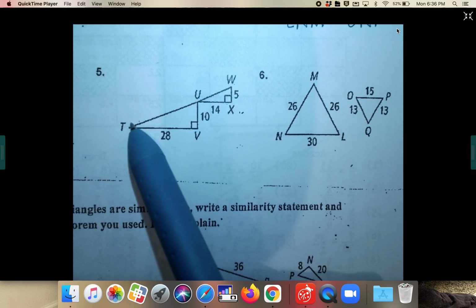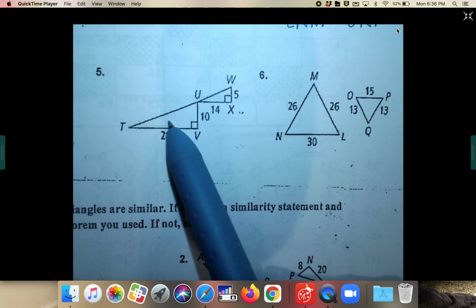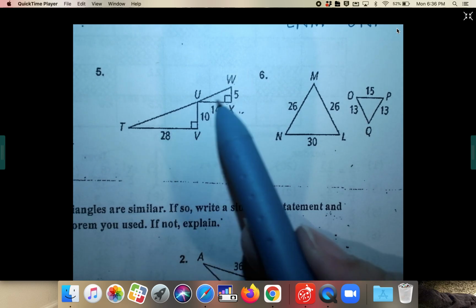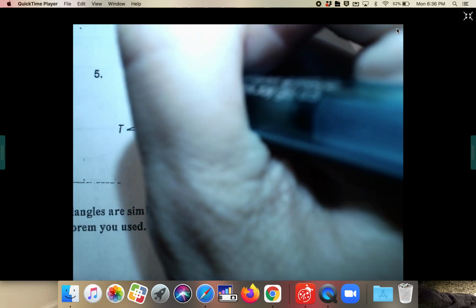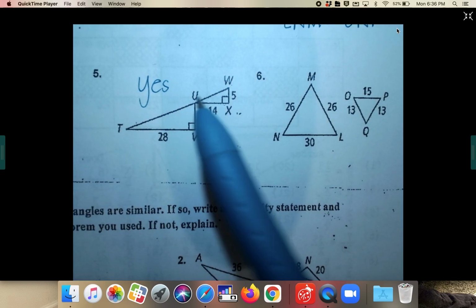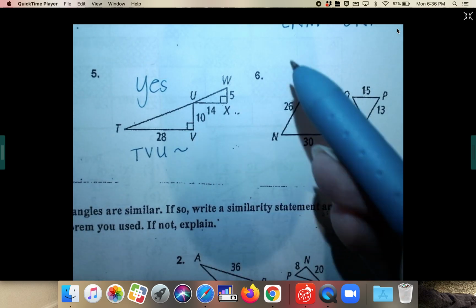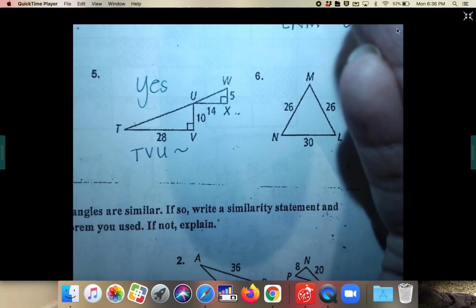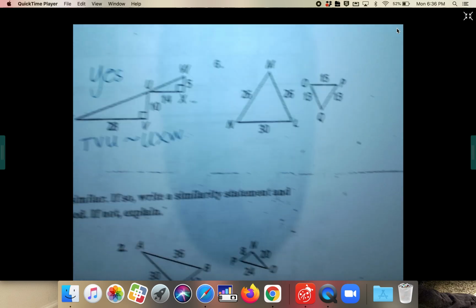So you have all three side lengths that are similar. It's on a scale factor of 2 to 1. So if all three side lengths are on the same scale factor, that is a yes. So I would maybe say TVU is similar to UXW.